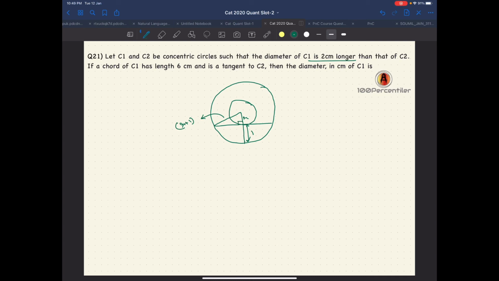So this is perpendicular and this will be half of the total length because a line perpendicular from the center to the chord bisects the chord. So therefore this is 3. So we can simply apply the Pythagoras theorem to get the value of r. The value of r comes out to be 4. Now diameter of C1 is 2r plus 2, which is 10. Therefore 10 is the required value.